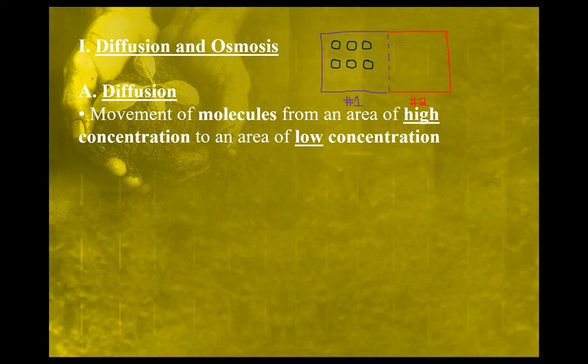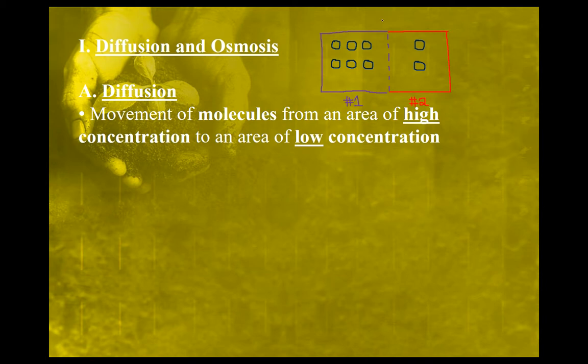And then in classroom number 2, we have 1, 2 students. Now, I said diffusion is the movement of molecules from an area of high concentration to an area of low concentration. So we're just going to pretend the students are molecules and use that as an analogy.